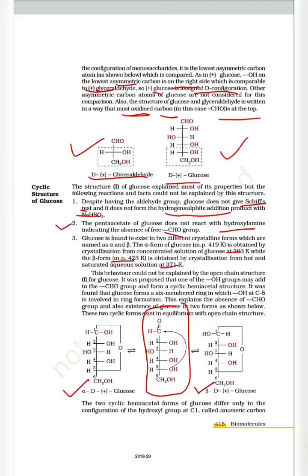So here we can clearly see the difference in the temperature for the crystallization of glucose. This behavior could not be explained by open chain structure.